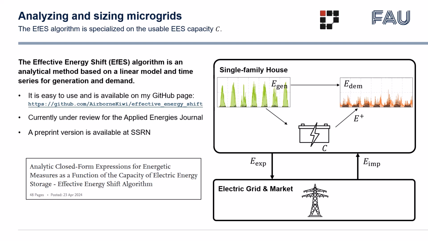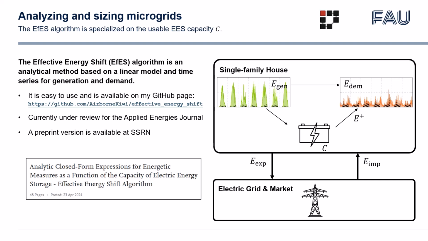A big, important role here plays the effective energy shift algorithm. It's an algorithm developed by myself in a previous publication, which is currently, at the date of the presentation, the conference and this recording, under review for the Applied Energy Journal.